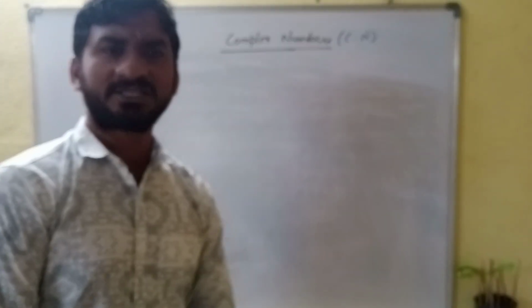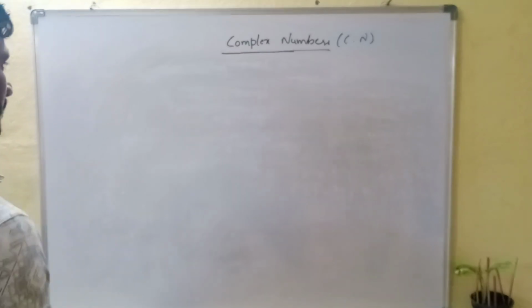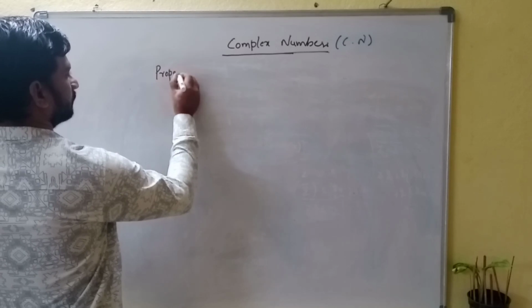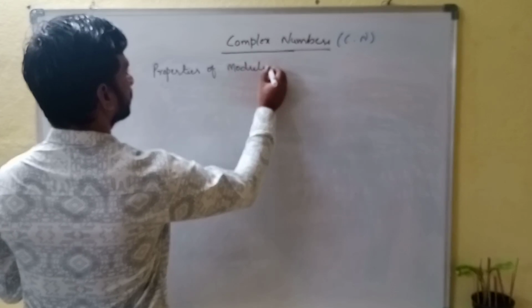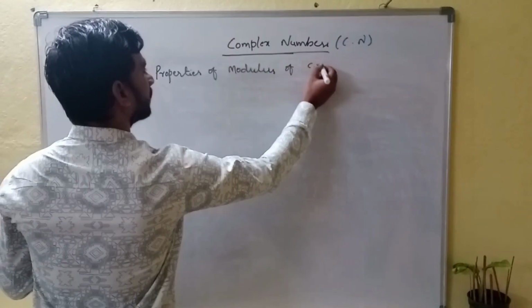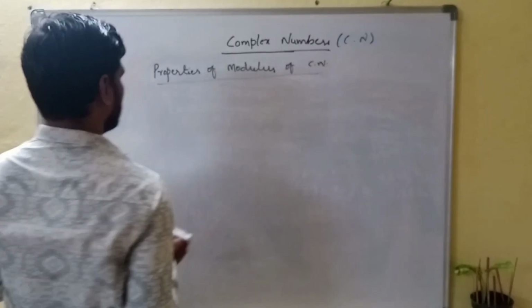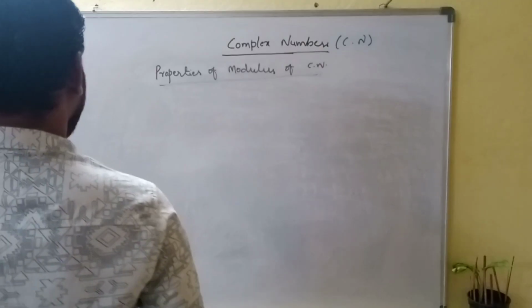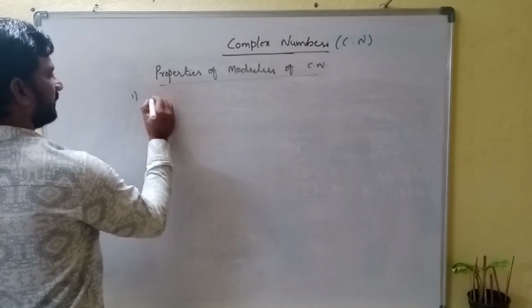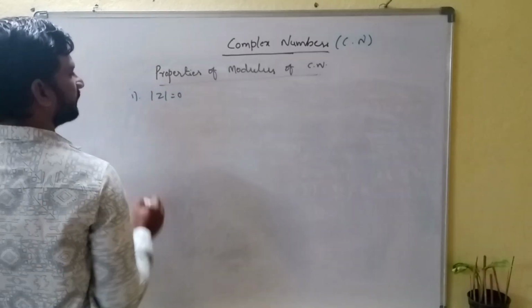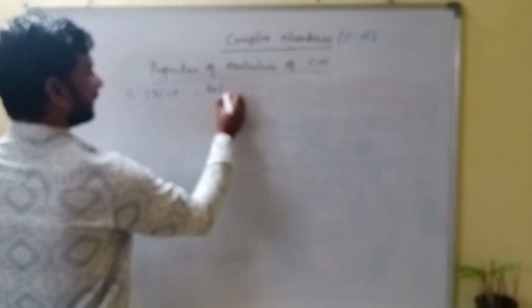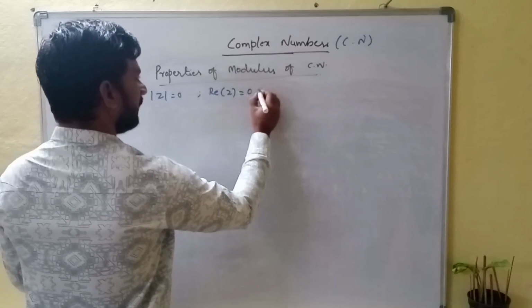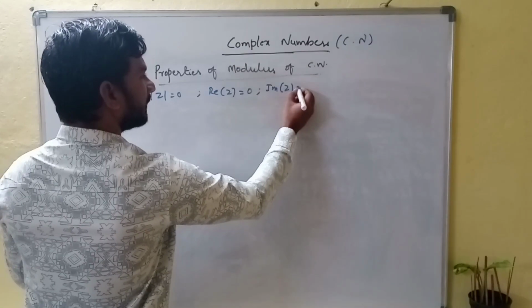Now let's see the properties of the modulus of a complex number. The first property: if modulus of z equals 0, that means the real part of the complex number becomes 0 and the imaginary part of the complex number also becomes 0.